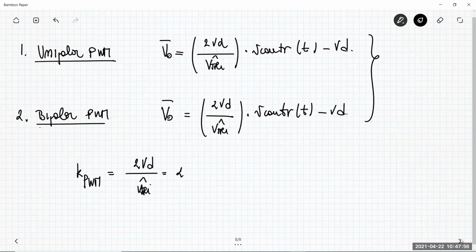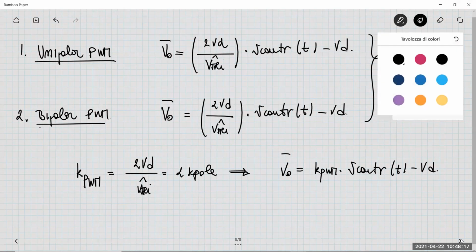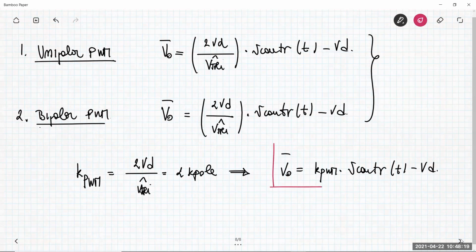Okay, this is 2 times K-pole, because K-pole was VD over V triangular peak. So we can say that having this gain, V naught is KPWM multiplying the control voltage minus VT.